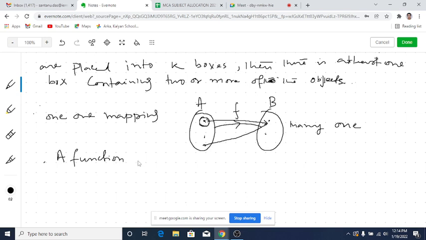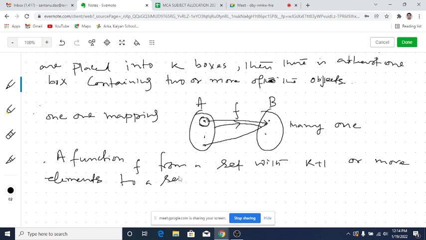A function f from a set with k plus 1 or more elements to a set with k elements is not one-one.